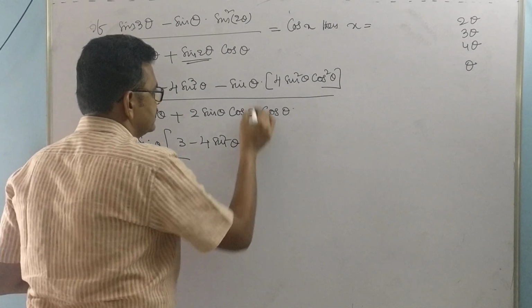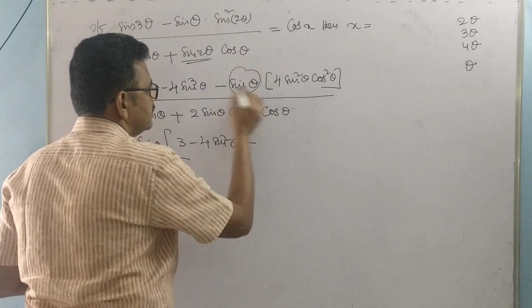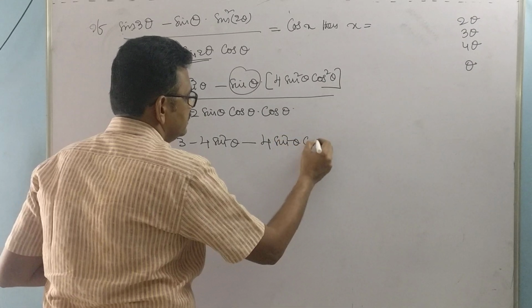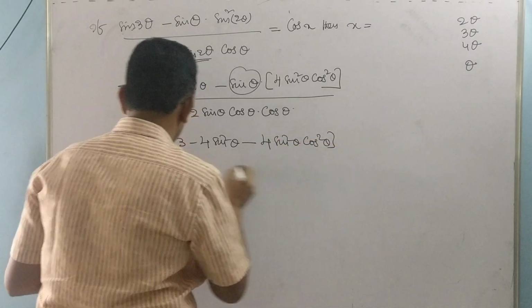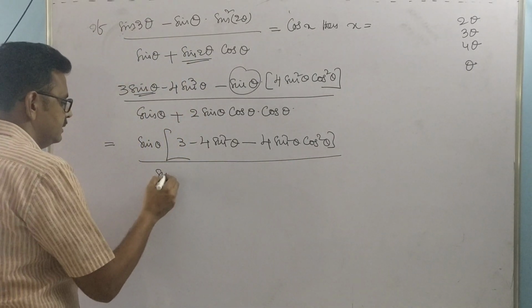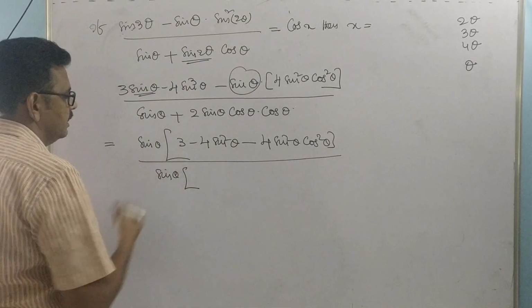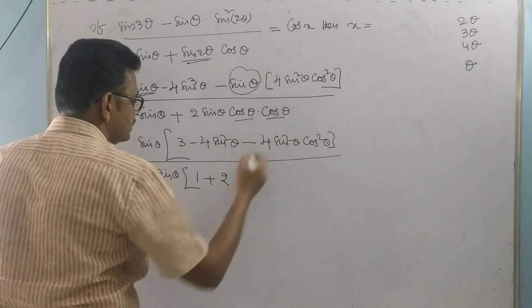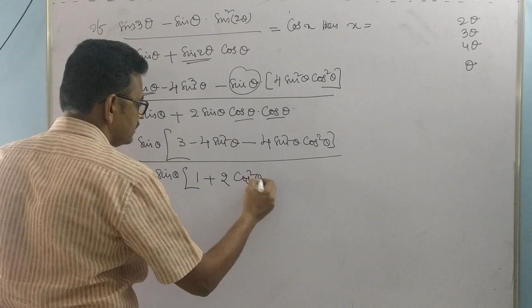Minus sin theta is taken common, the remaining part is 4 sin square theta into cos square theta, by sin theta taken common, so this is 1 plus 2 cos square theta.